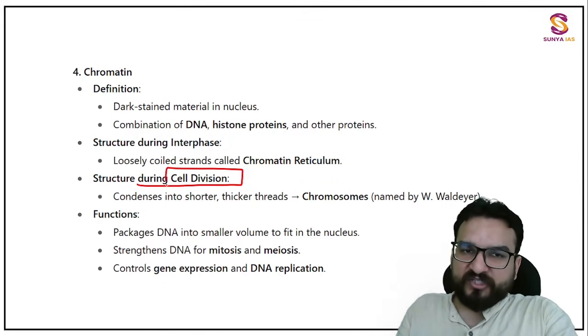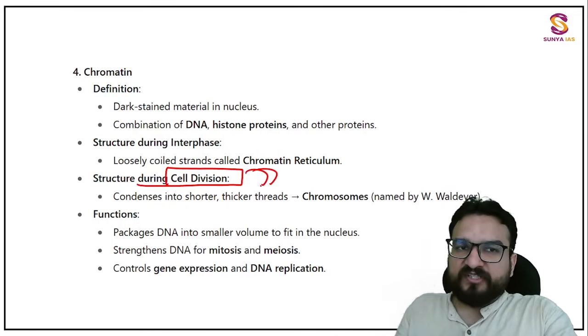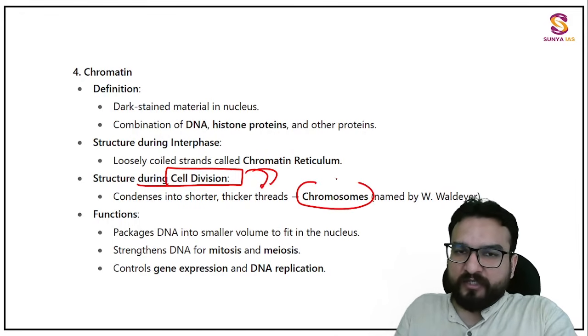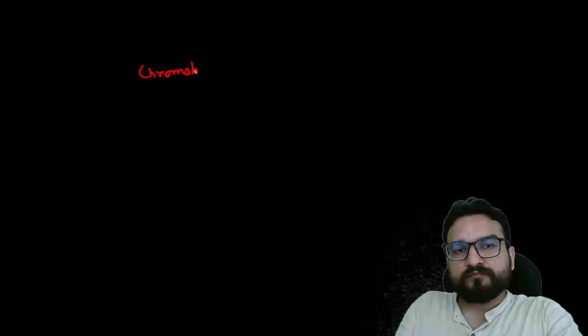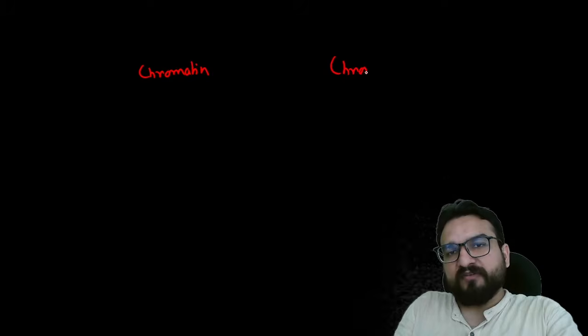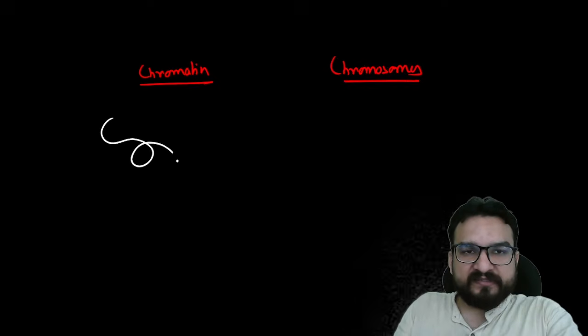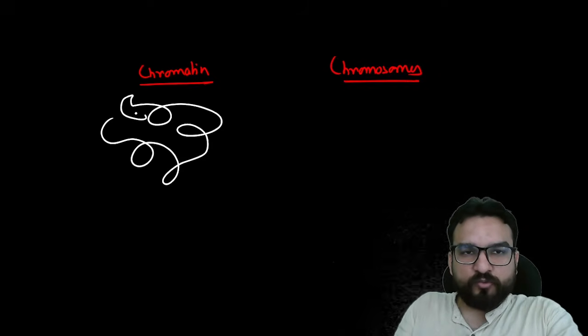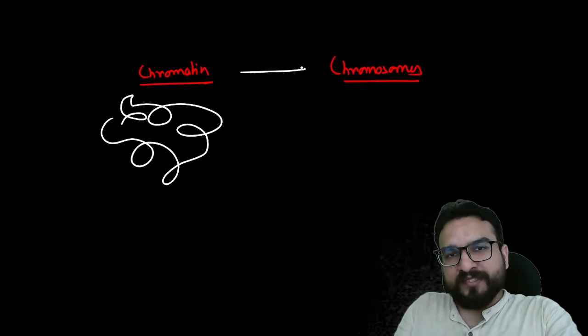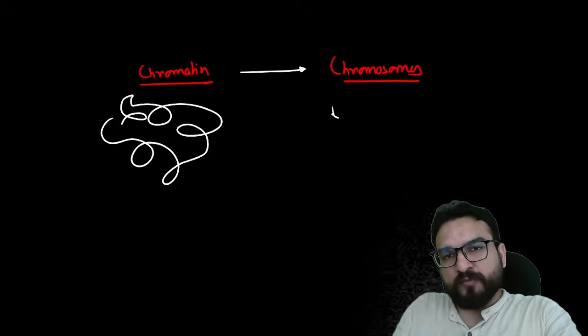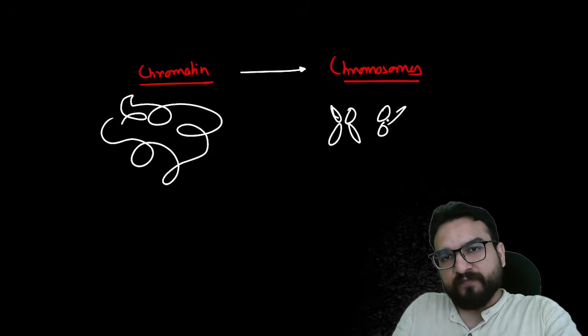Structure during cell division: again, in cell division, you will be finding how this is converted into chromosomes. Why I have told you that chromatin and chromosomes are different: not particularly different, but structurally they are different. Chromatin you will be finding like this, very loosely. But chromosome is a stage you must have seen like this, in pairs.